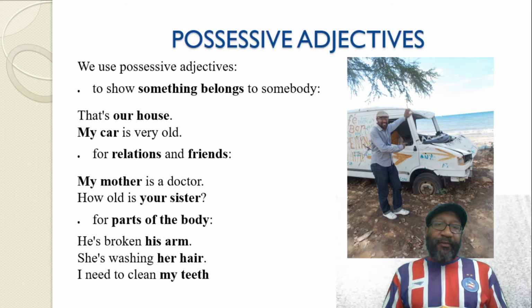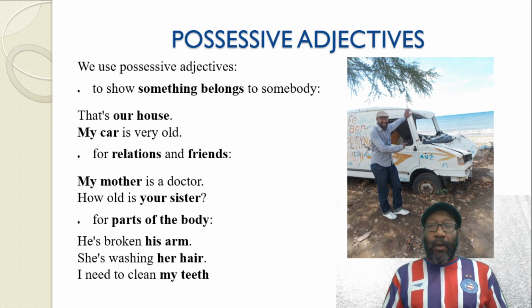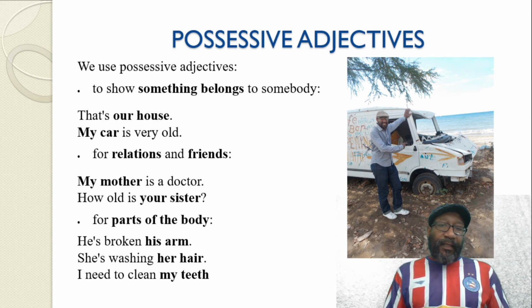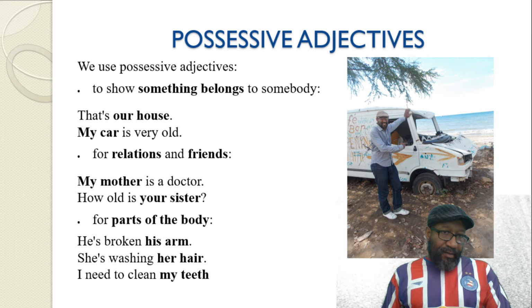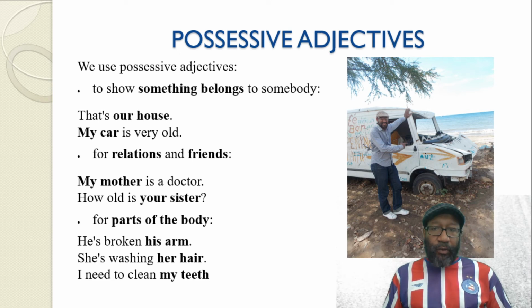We use possessive adjectives to show something belongs to somebody. So, talking about the possessive adjectives we have here, that's our house. So it means that that house belongs to us, me and somebody.